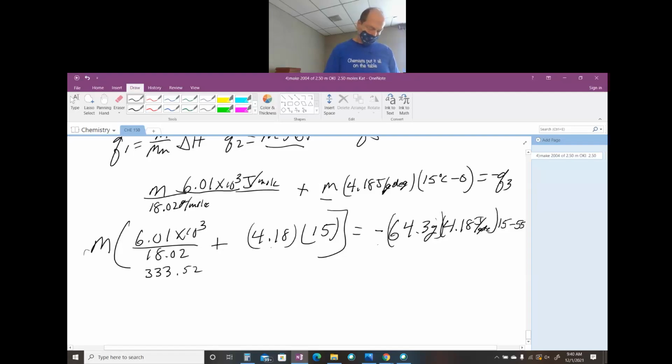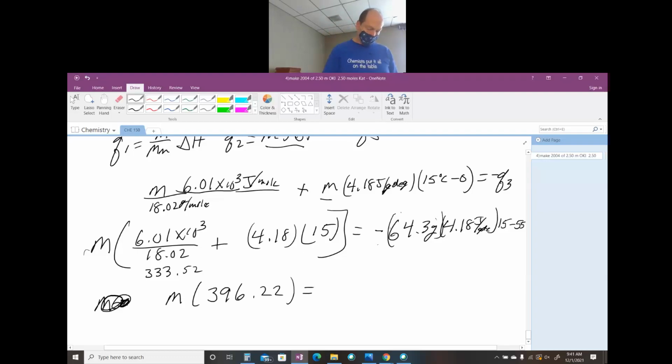All right, so to that, we're going to add 4.18 times 15. All right, so on the left side, when we do that, we get mass, and then this number in the parentheses is 396.22. I don't need that many sig figs. At the end, I will round it to the correct number of sig figs.